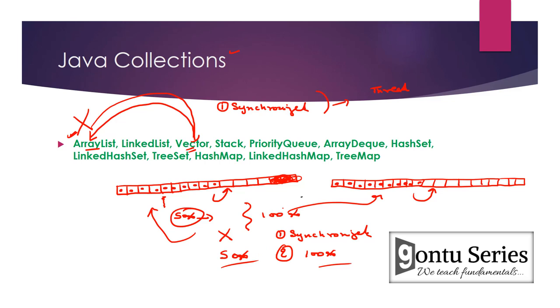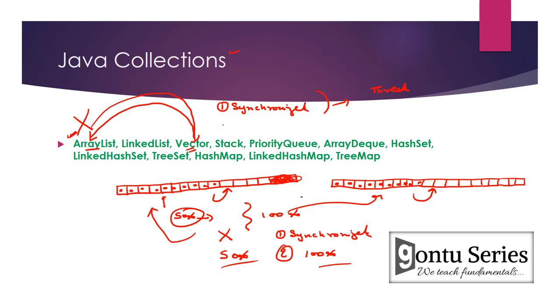These are the two significant differences between an ArrayList and a vector. Apart from these, there's no important difference. So wherever you are using an ArrayList, you can make use of a Vector class, and wherever you are using a Vector class, you can make use of an ArrayList class.